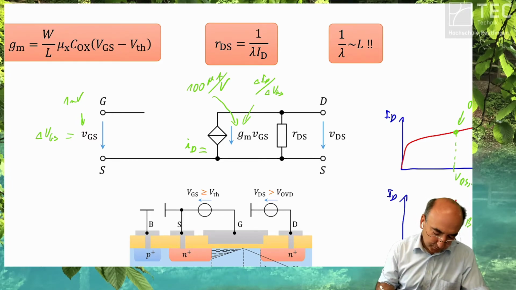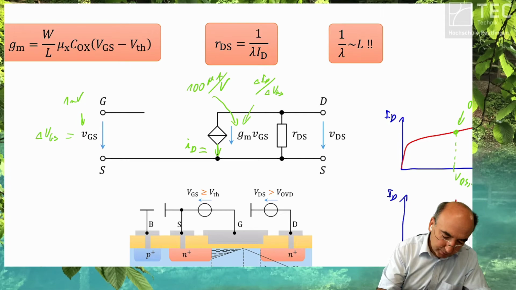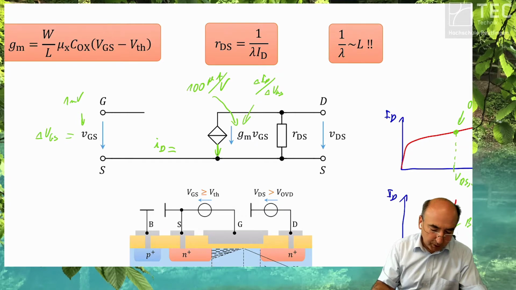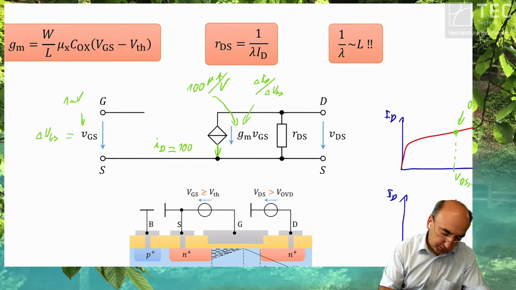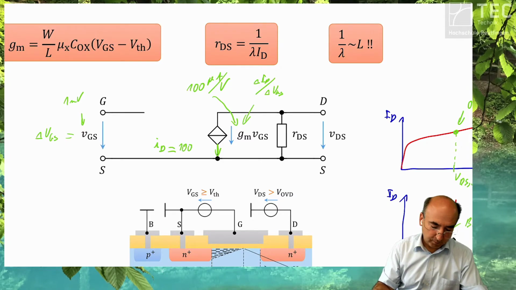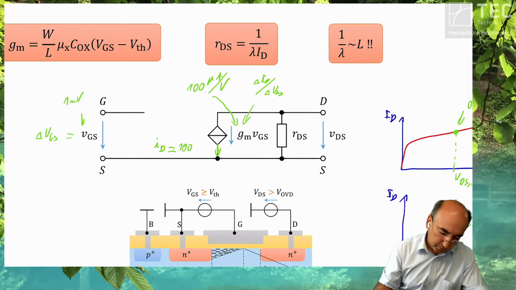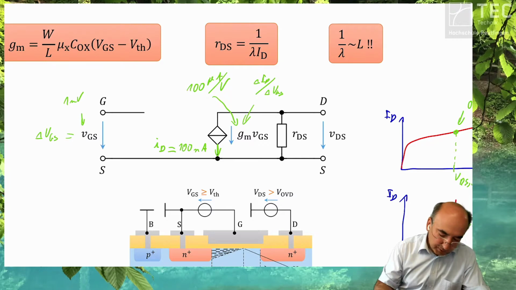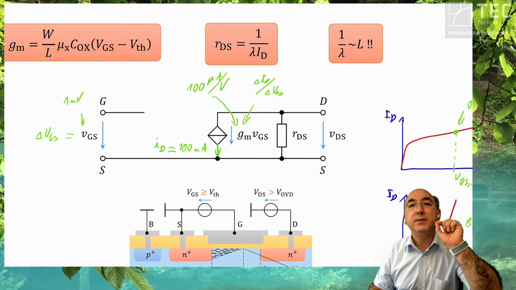Your signal current, which is flowing in this direction, is 100 microampere per volt times 1 millivolt. Micro times milli is nano. So you have a 100 nanoampere signal.